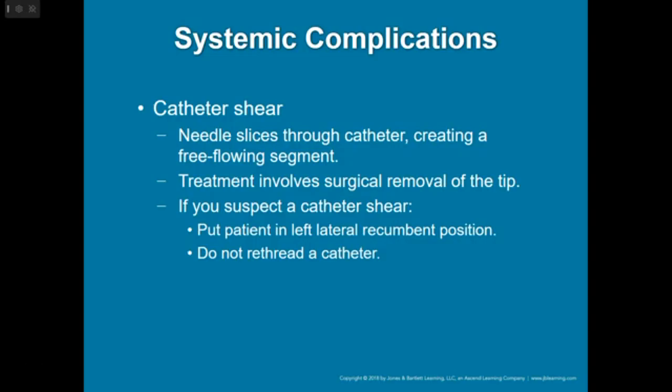Well, what can happen is the tip of that catheter is actually sheared and comes apart and is then free floating in the vasculature and can travel into the lungs, can travel anywhere. So to prevent catheter shear, don't ever try to re-thread your catheter back onto the needle while you're in the vein.